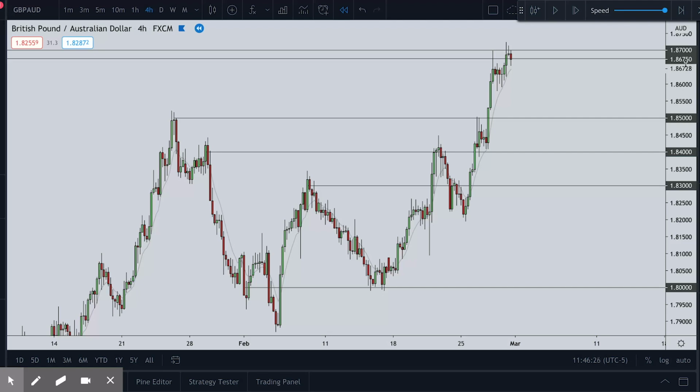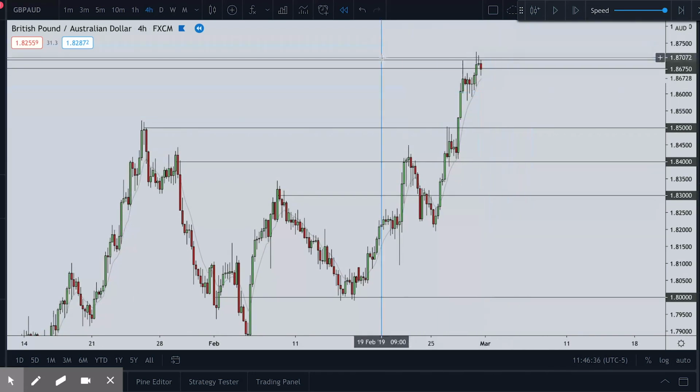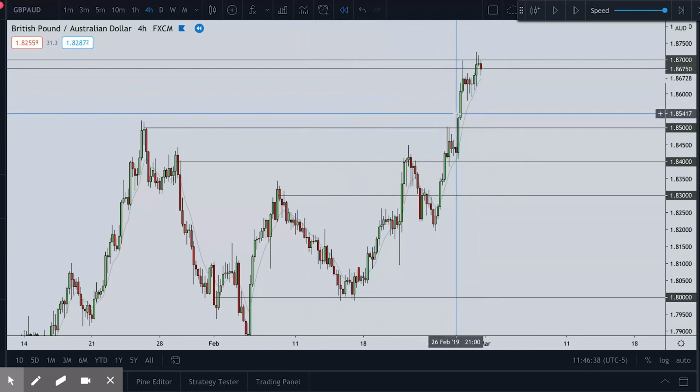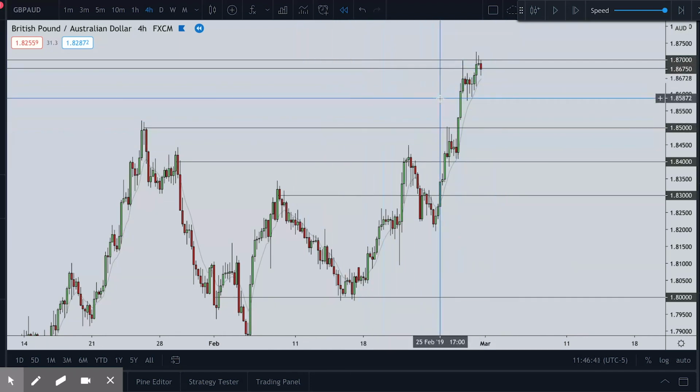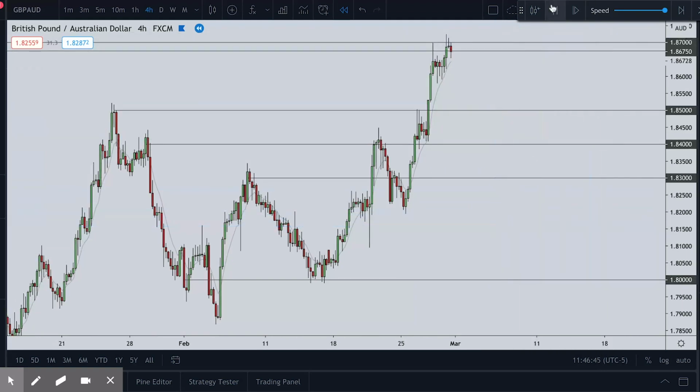Okay, that's 750 level. So I'm always looking for key rounded levels, zeros, 250s, 500s, 750s, and that is what I want to see for my targets. So pairing supply and demand, price imbalances, and key levels is exactly how we will be finding our trade targets.